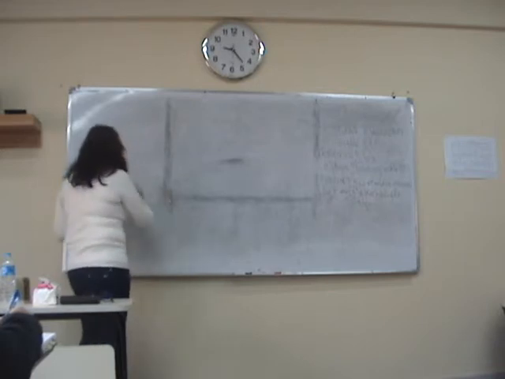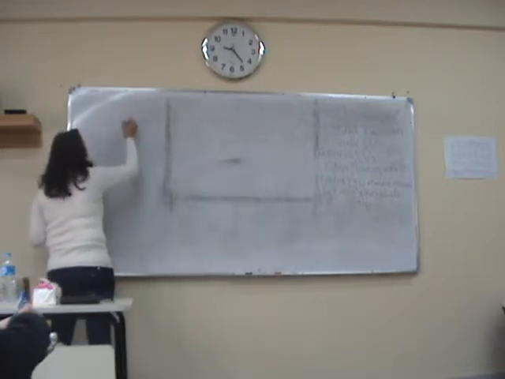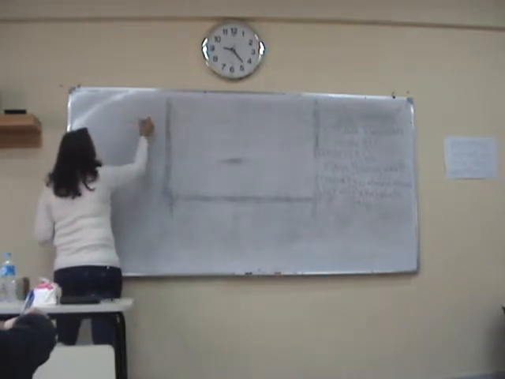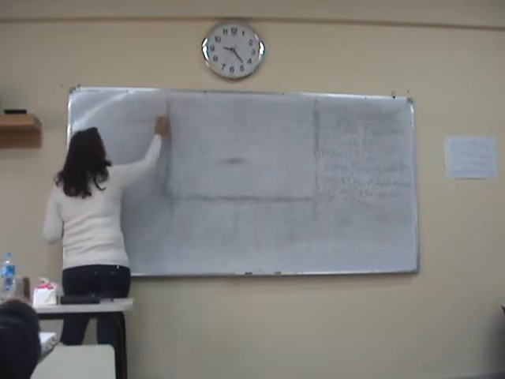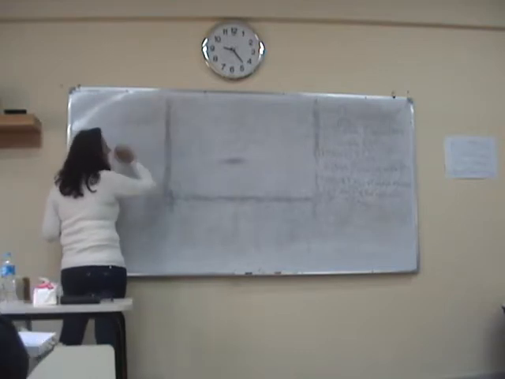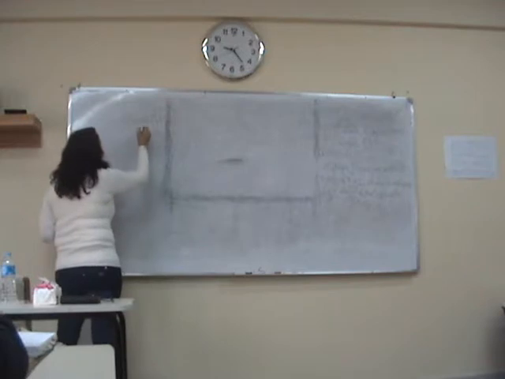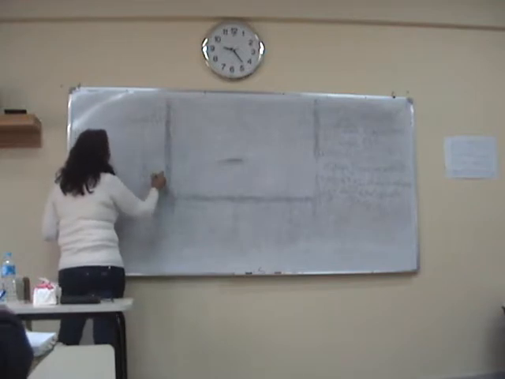The only thing that's going to happen is glycolysis, which takes place in the cytoplasm. Glycolysis will occur, and it's going to make the pyruvate.